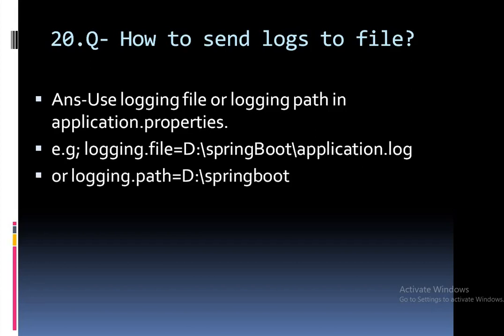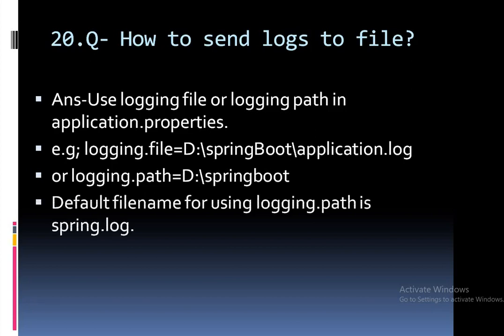Or we can also use logging.path equal to D colon, the Spring Boot application or project root. If we are not mentioning any file name, then the default file is spring.log, and the logs will be stored in that spring.log.